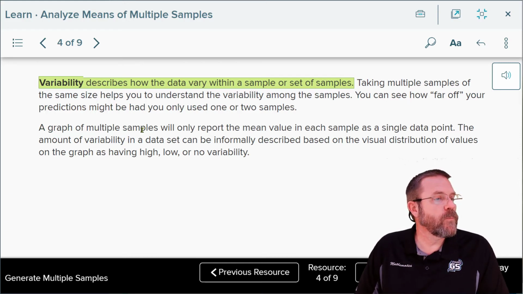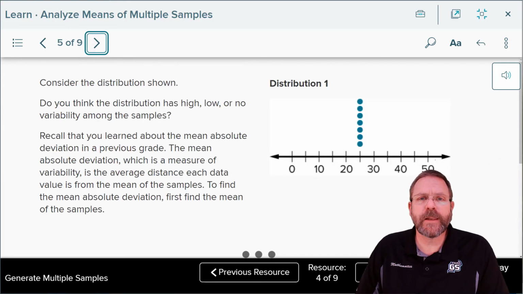The graph of multiple samples will only report the mean value in which the sample is as a single data point. However, the amount of variability in a data set can be informally described based on the visual distribution of the values on the graph as having high, low, or no variability. That was an awful lot of words, wasn't it? Let's see what they mean by that.